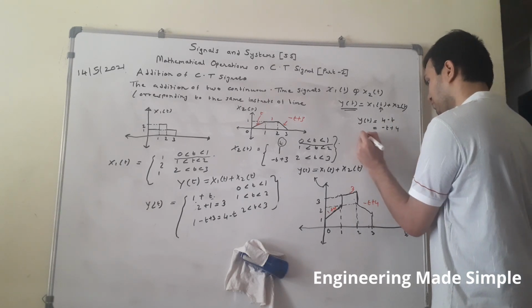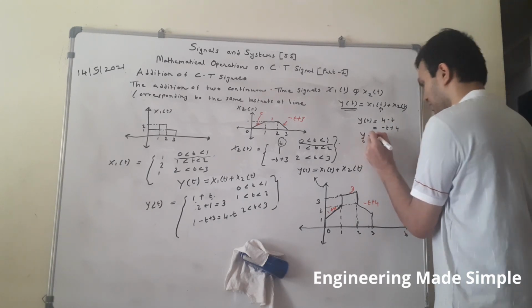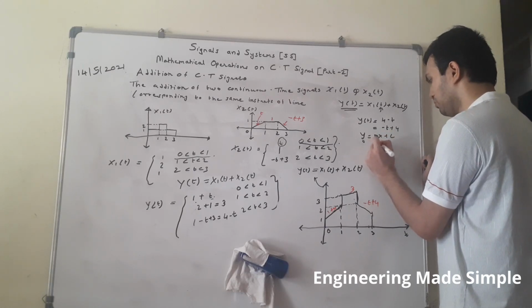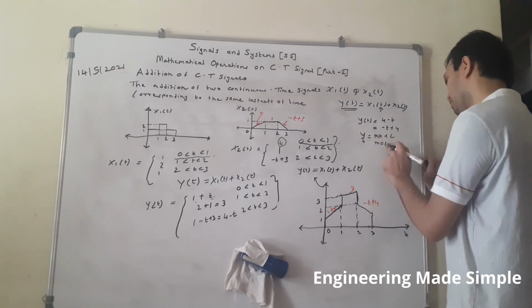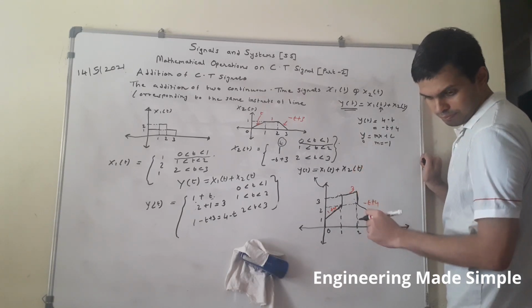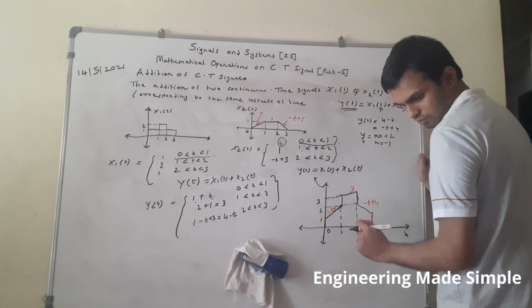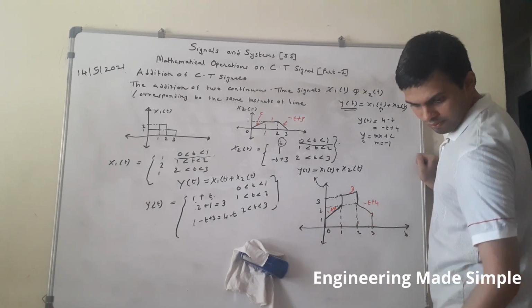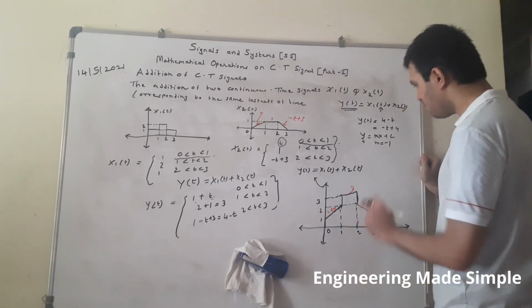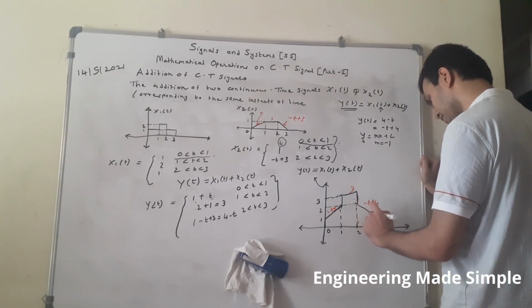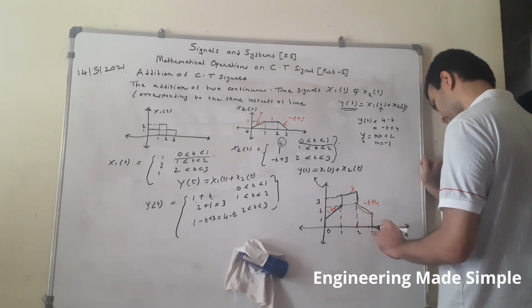If we compare with the equation of a straight line, y is equal to mx plus c, you get m is equal to minus 1. So this line will have a negative slope. That's the reason it is shown like this.